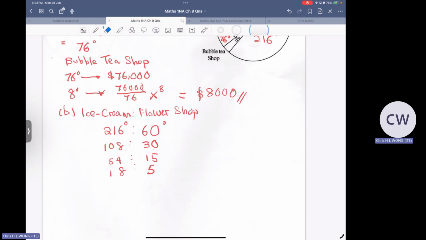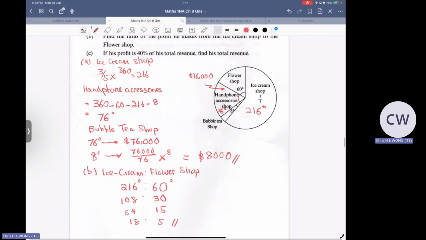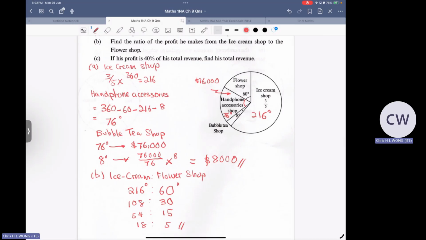Correct. So that's the ratio: the profit for ice cream to flower is 18 is to 5.